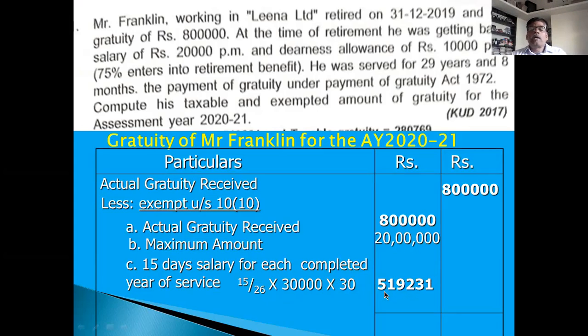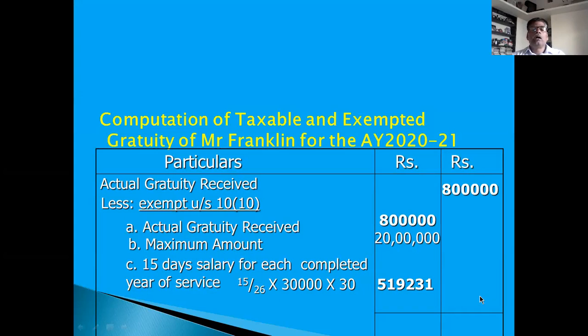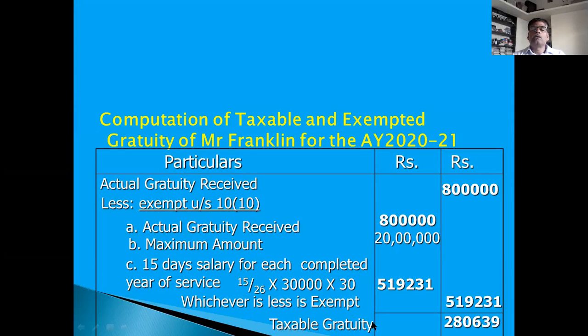Then least of the three is exempted. Least of the three means 5,19,231 is the least amount. This is exempted. You take it to the outer column. So exempted amount is 5,19,231. Then you deduct in the outer column, whatever balance comes, that is called taxable gratuity. Clear?